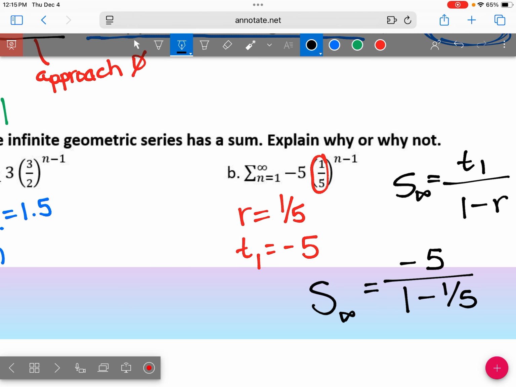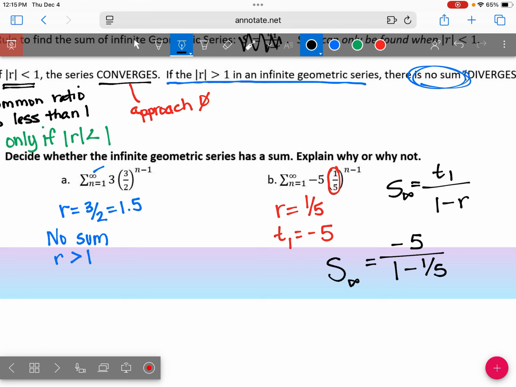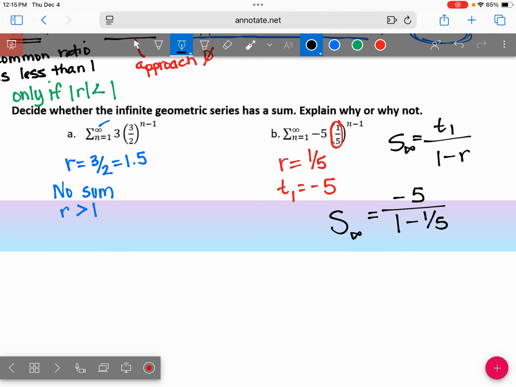Go ahead and type that in your calculators. -6.25. Or anybody write it as -25 over 4, either way.